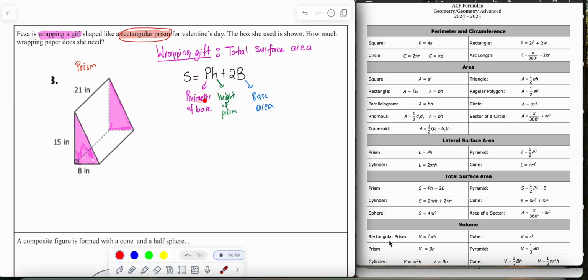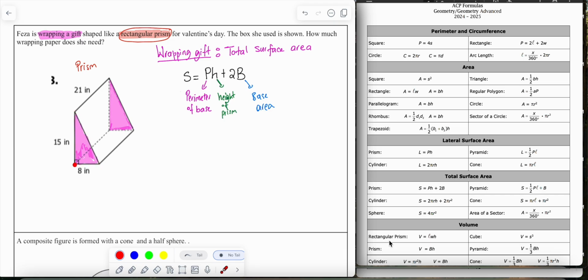Now, what is the perimeter of the base? The base is over here. It's 2 of them, but we only choose one, and we choose the one that we know the length of. Perimeter is when you add the total distance around the shape. The base is a triangle, so we have to add all around it: this side plus this side plus this side.